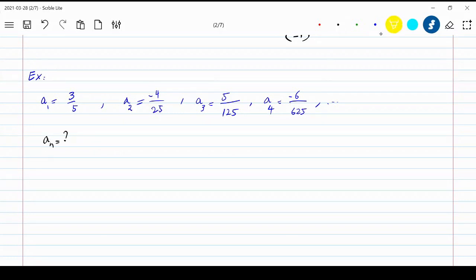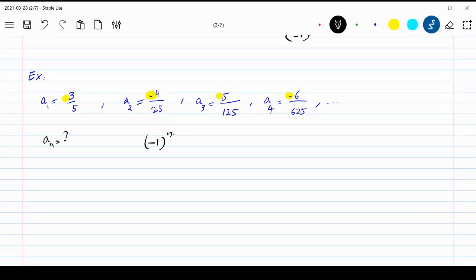As I said earlier, it is important to notice if you're dealing with alternating signs. So here plus, minus, plus, minus. So I should have negative 1 to some power n. But here's the issue. If I pick n to be simply 1, I get negative 1 to the power 1, which is not correct, because the first entry would not be negative.